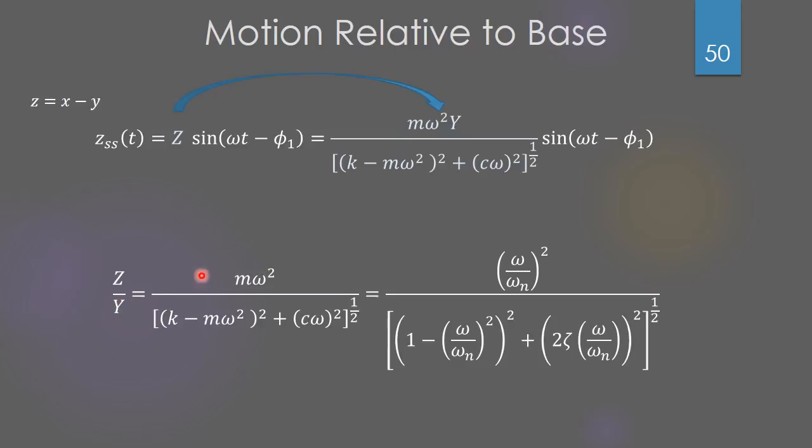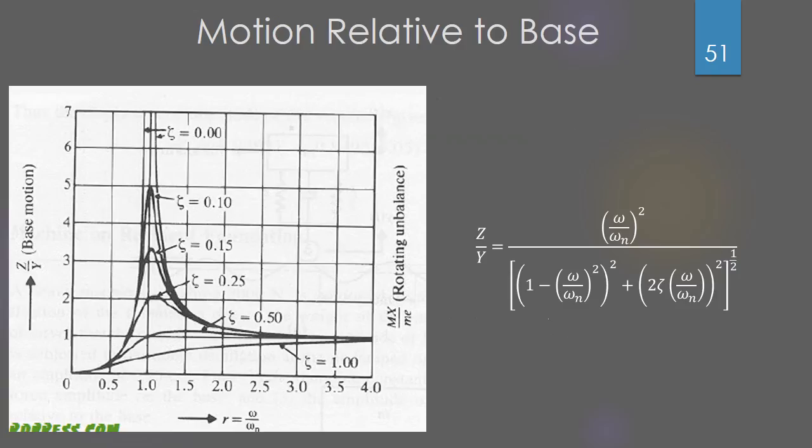So if we define z over y, we're gonna get this form here, then we're gonna transfer it to dimensionless form. And if we plot it with the frequency ratio, you can see that at 1 frequency ratio, we have resonance, and it's decreased with the increase of the damping ratio, and it's almost all the same in the end, which is going to be our design region.